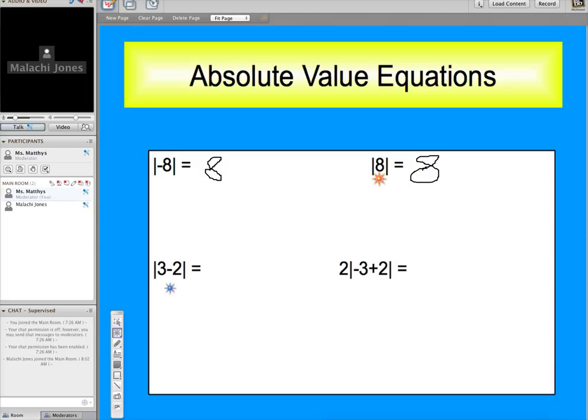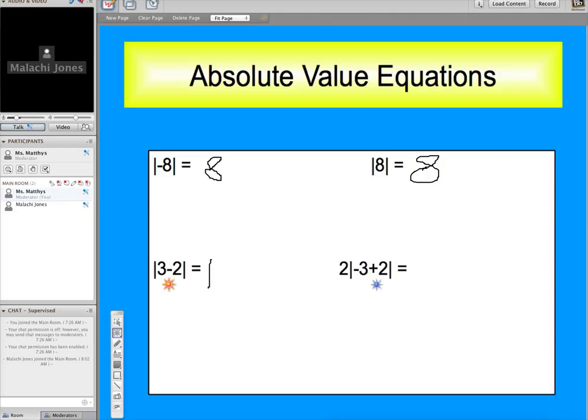Now let's see absolute value of 3 minus 2. Now you actually have to calculate. What is 3 minus 2? 1. And what's the absolute value of 1? 1. You got it.